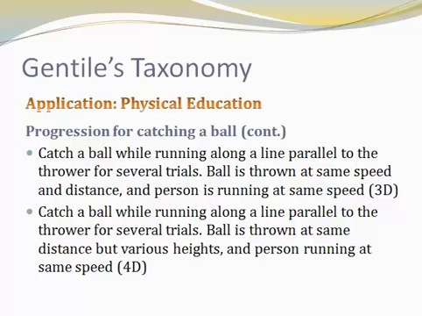And our last progression for catching a ball would be to catch a ball while running along a line parallel to the throw for several trials, which is similar to the previous progression, but now the ball is thrown at the same distance but various heights, and the person again is running at the same speed. So there's many different dimensions under which one could change the various characteristics of each of the dimensions.